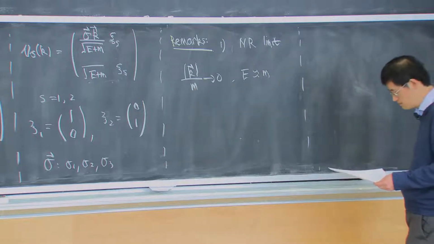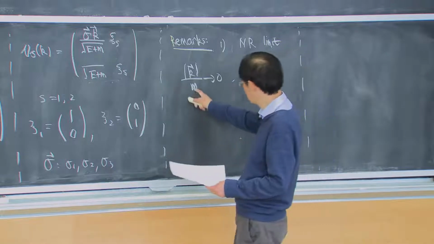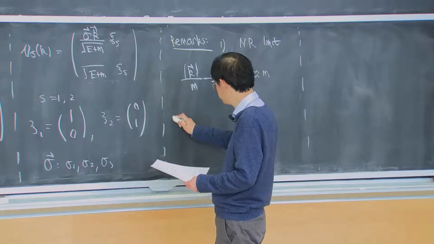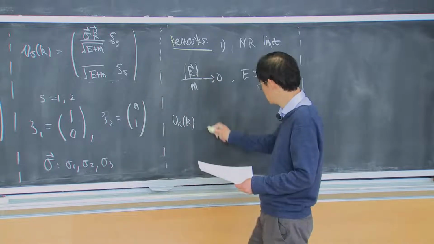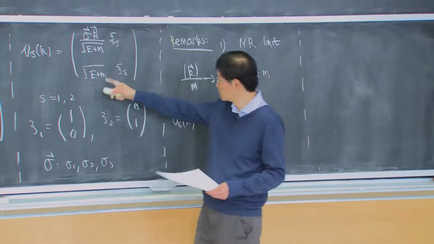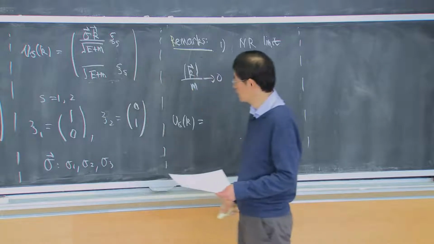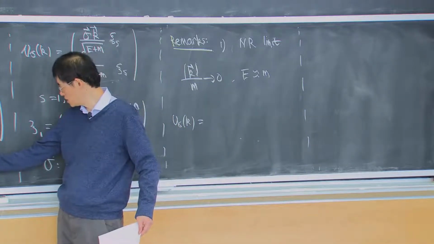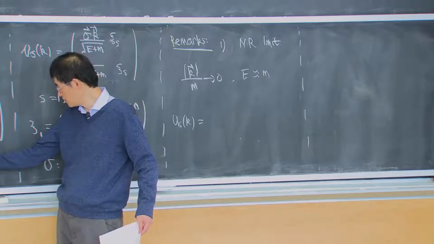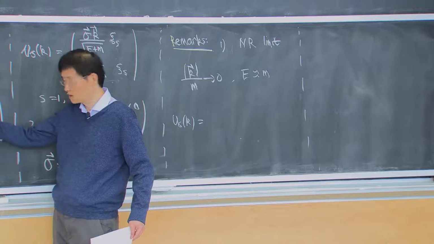And then you find the leading order when you expand in 1 over M. So at the leading order, you find the U_S(K), so you can just easily do this. This term you can just ignore, because E is M, so this is K divided by square root M, which is higher order than this one.